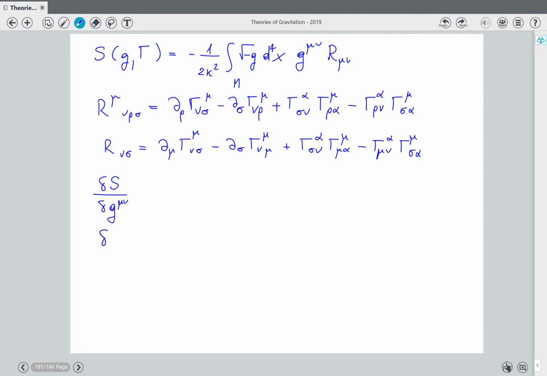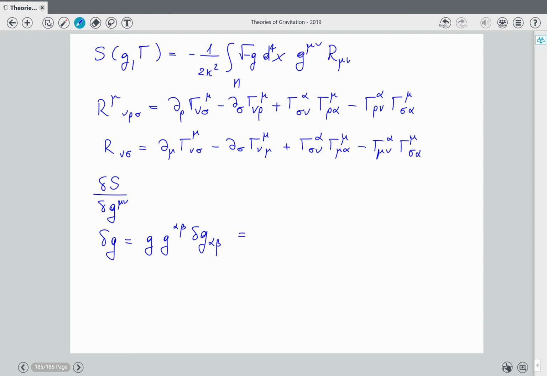And what is the variation of the determinant of a matrix? The variation of the determinant is something like this: the determinant itself times the minor times the variation of the element.